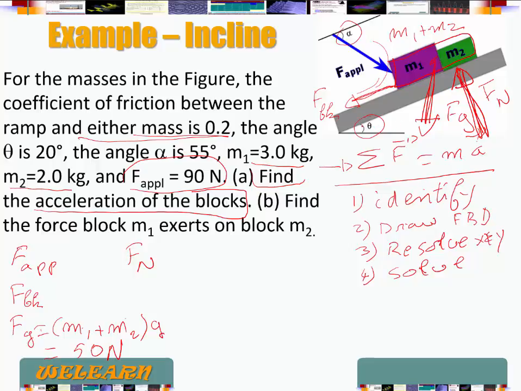Now, notice that this here is theta. Since this is vertical, it goes straight down. This angle is the complementary of theta, so it is 90 minus theta. And the angle that the gravitational force makes with the perpendicular is just theta then.